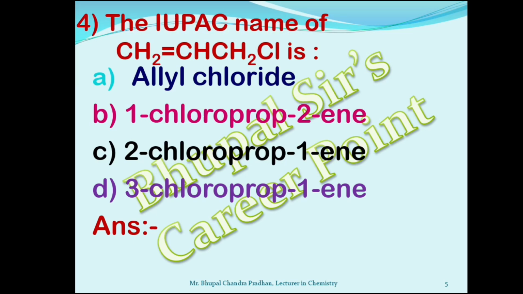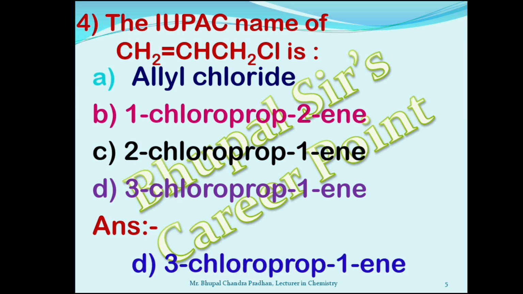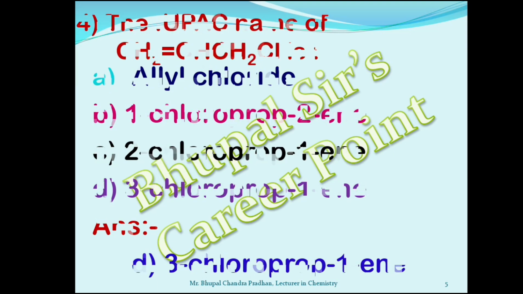So numbering should be done from the left hand side. So the name of the compound is 3-chloroprop-1-ene. So option D is the correct answer. Thanks to the students who gave answer option D.